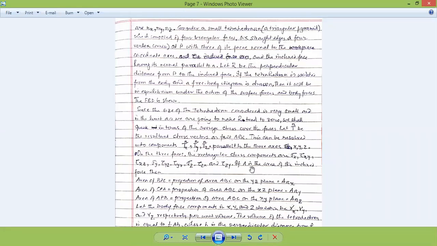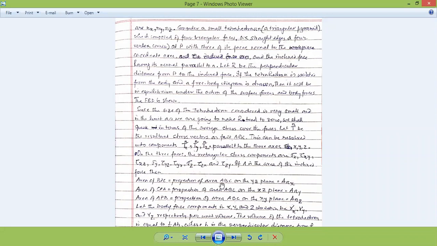Now, if A is the area of the inclined face ABC, then the area of BPC is the projection of the area ABC on the YZ plane. We get this projection by multiplying A by the direction cosine.